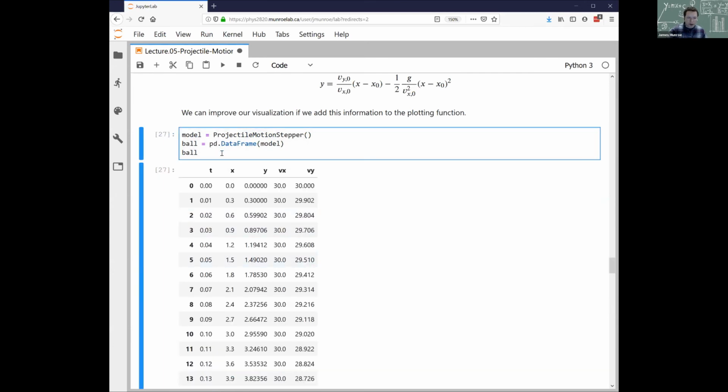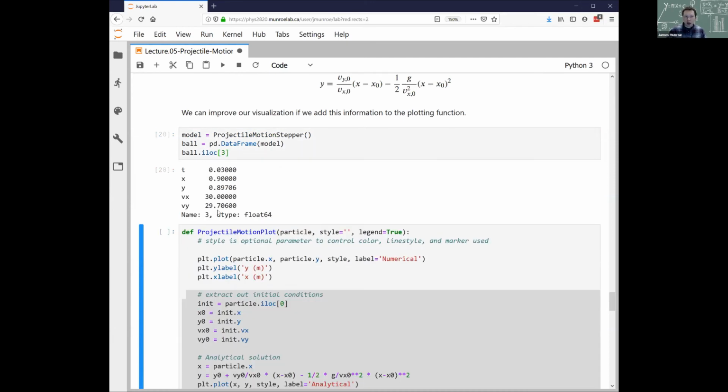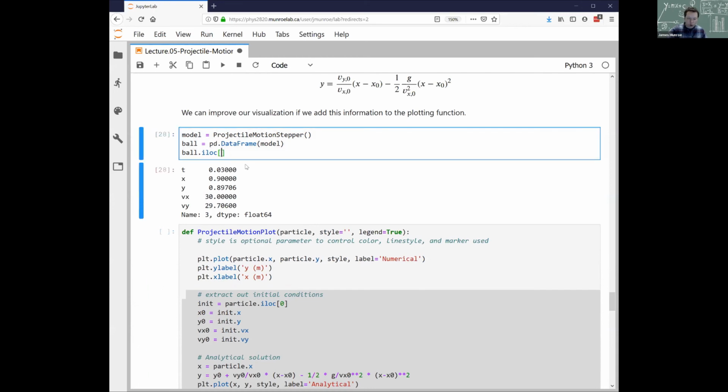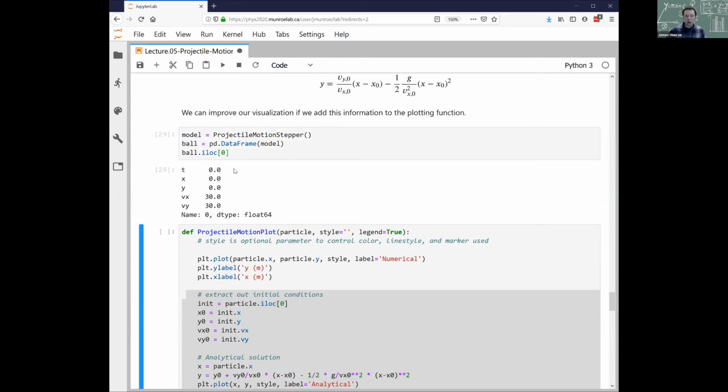We talked about previously that these have different rows. If you want to talk about a particular row, you use iloc, and that prints it all off. The very first row would be row 0. That first row, the values at time equals 0, those are the initial conditions. So let's use that information.